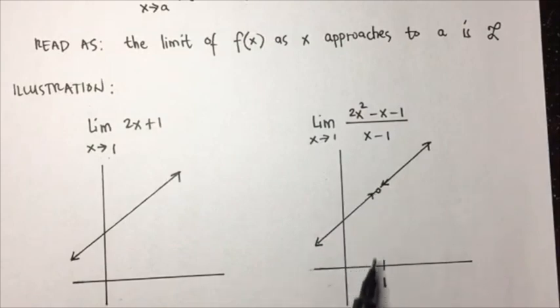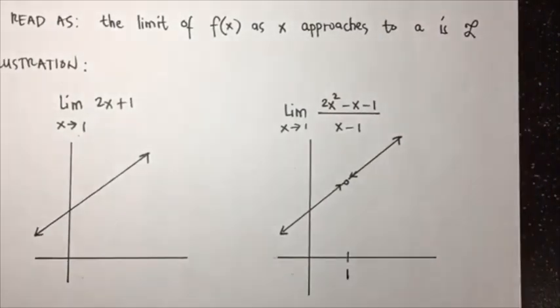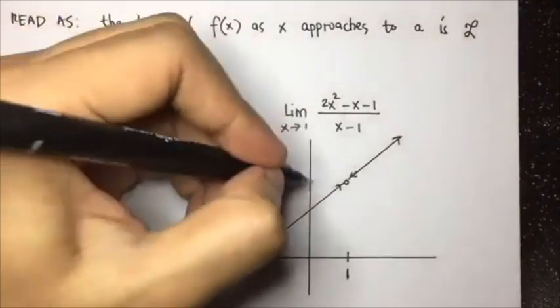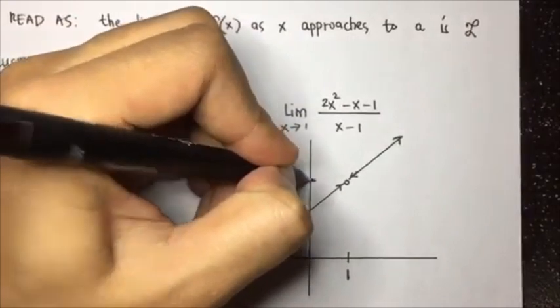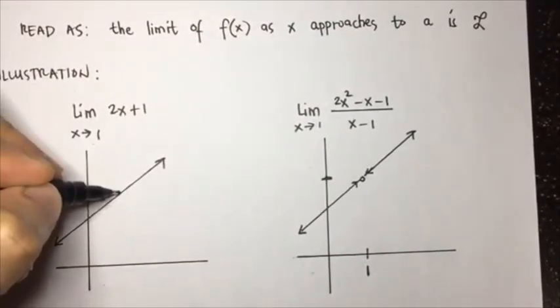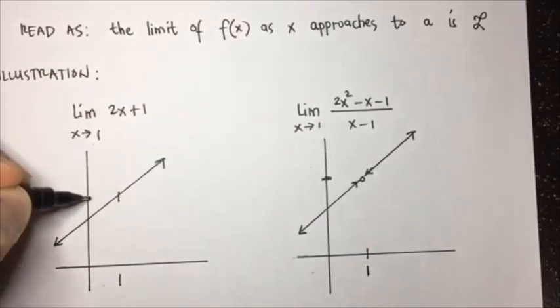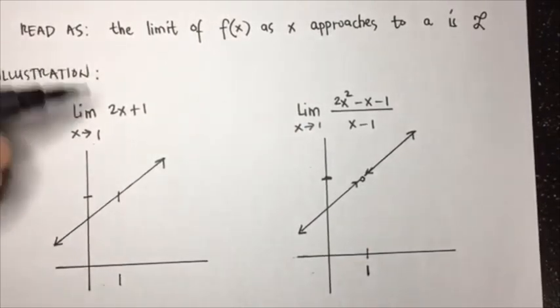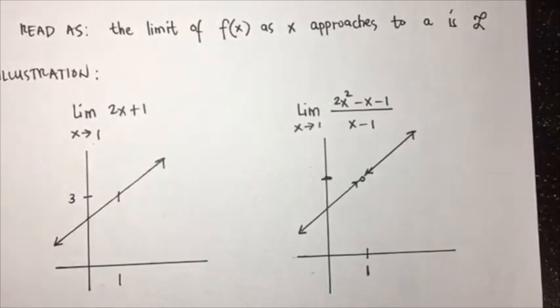Although it's not defined at this point, we can see from the graph that it is identical at x equal to 1. The value of the function is 3.